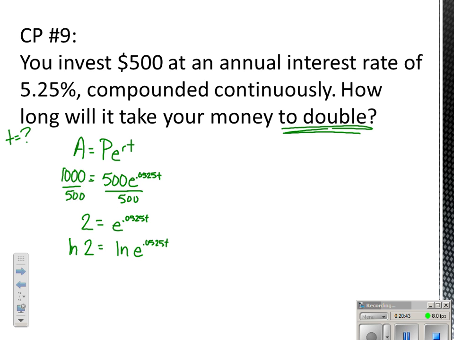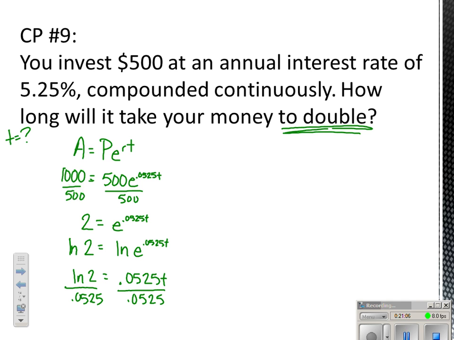So then that number over there, or that power of e, is what I simplify natural log of e to. And I've got ln of 2 over here. If I'm solving for t, the last thing I need to do now is get that number off of it. So divide both sides.